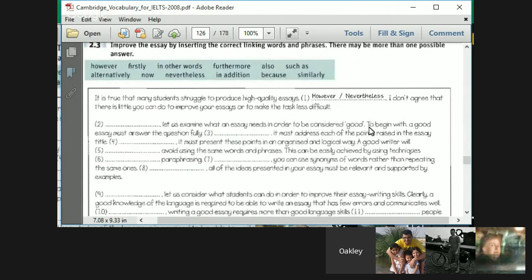To begin with, a good essay must answer the question fully. Because it must, I think there's an add, period after fully. In addition, right?